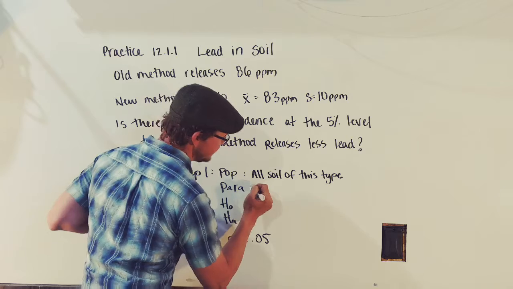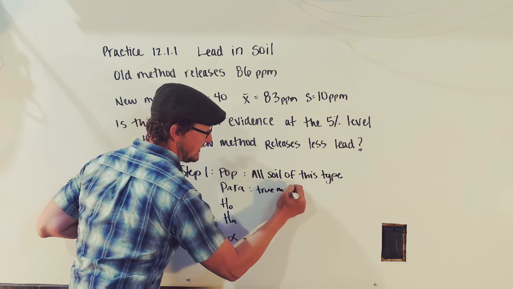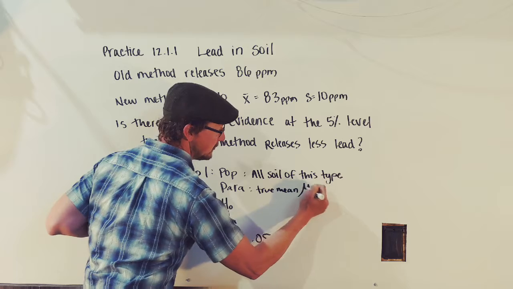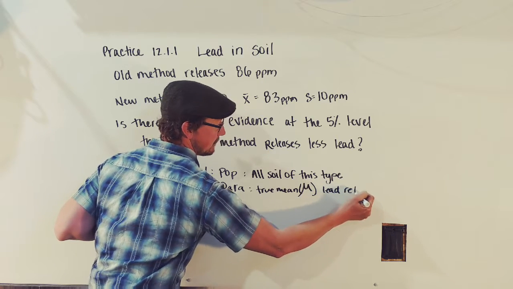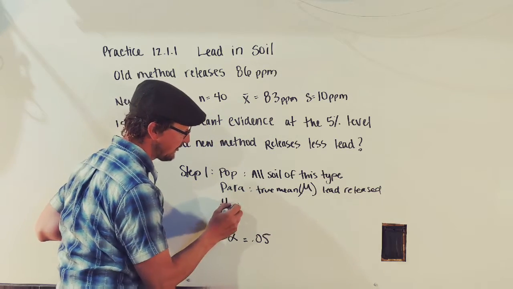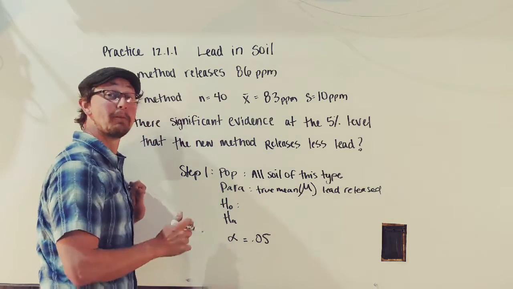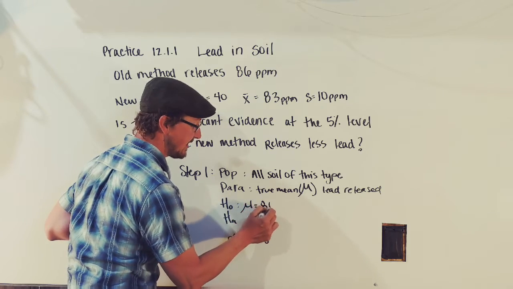The parameter here is the true mean, that's mu, lead released. Our null hypothesis is that this new method is no better than the old method. The new method releases the exact same amount.